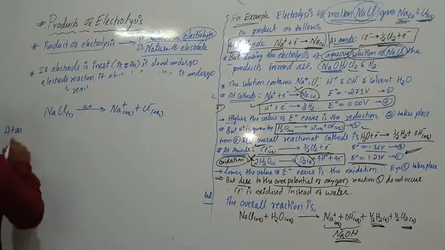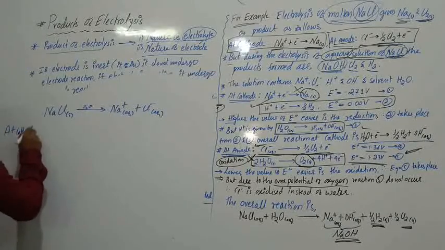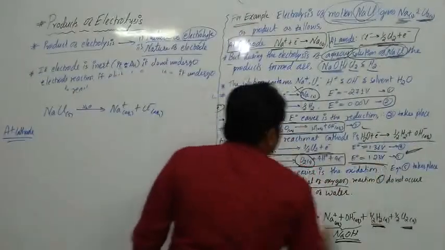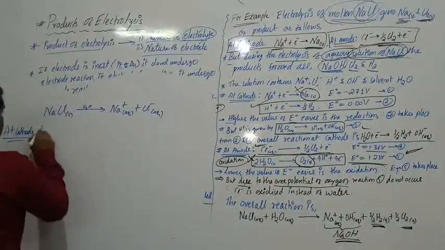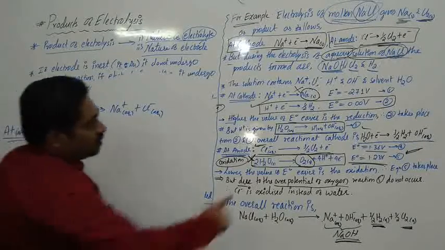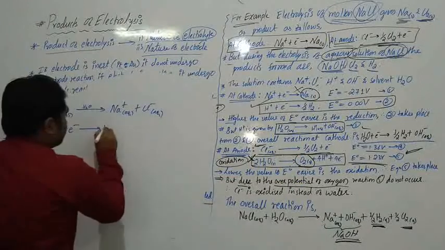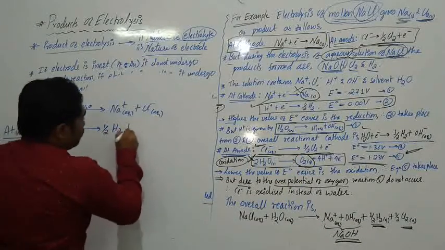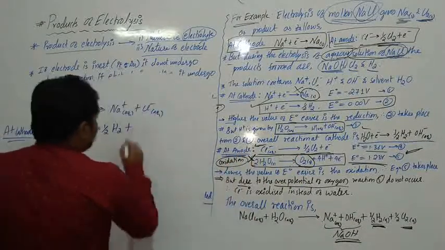And at the cathode, what is the overall reaction taking place at the cathode? This one: H2O plus electron gives 1/2 H2 plus OH-.